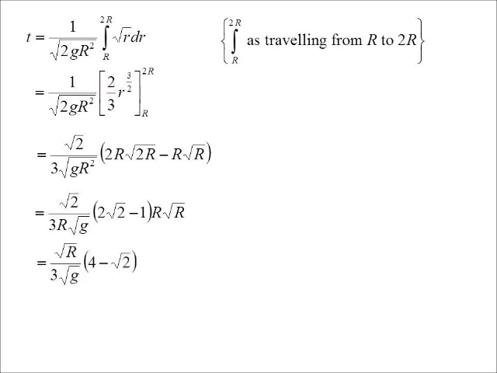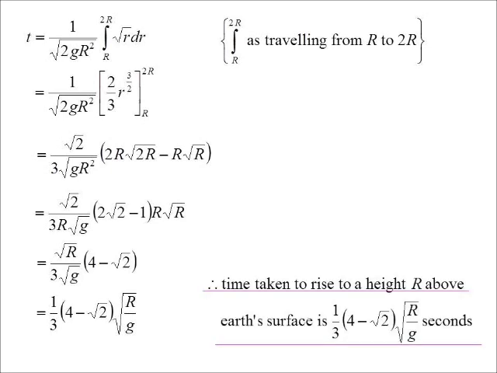And so if I multiply that with our root 2, I get 4 minus root 2. I've also cancelled the capital R on the bottom with the capital R there. I'm getting very close now. So if I rewrite it as a third, 4 minus root 2 times root R on g. Is that what we wanted? I do believe it is. Okay.